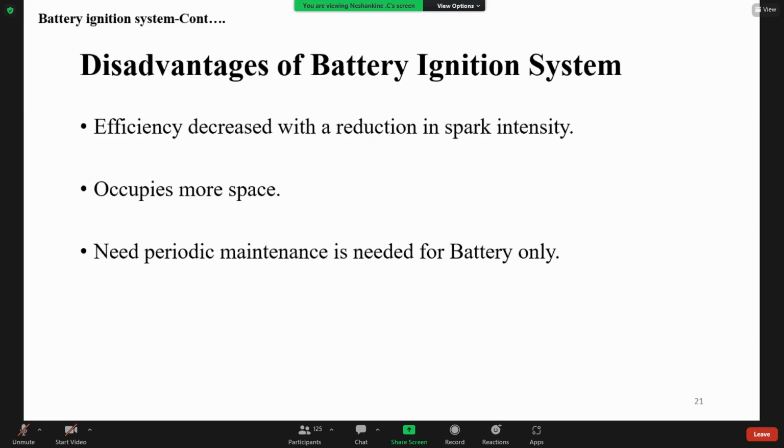So if the charge of this battery is reduced, we have to change the battery, isn't it? So we need to maintain it. We have to maintain this battery ignition system. These 3 are the disadvantages of this battery ignition system. Note it down.